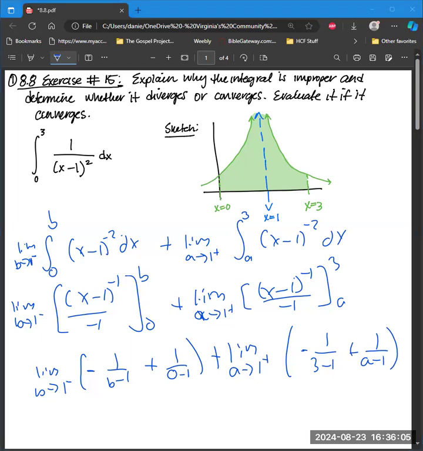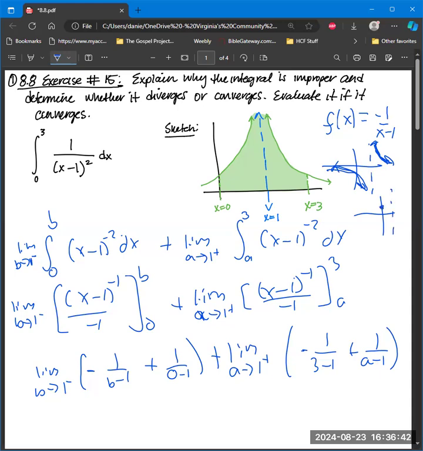Let's just evaluate. Let's look at f of x equal to negative 1 over x minus 1. As I get close to 1 from the left, x minus 1 would look like this, but I'm going to have to reflect that, so positives become negative and negatives become positive.